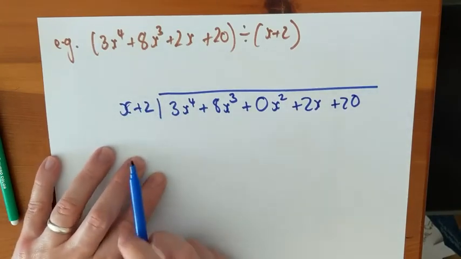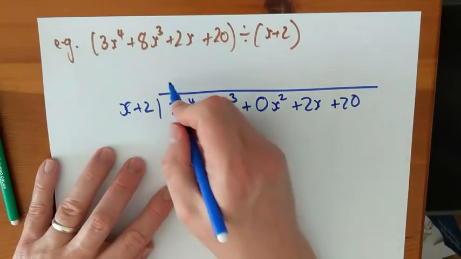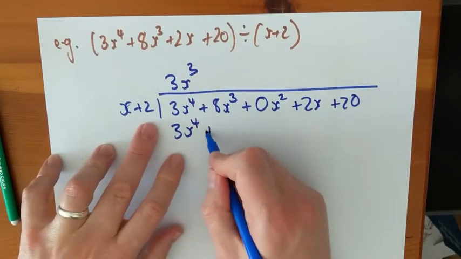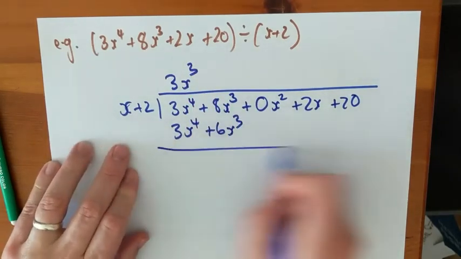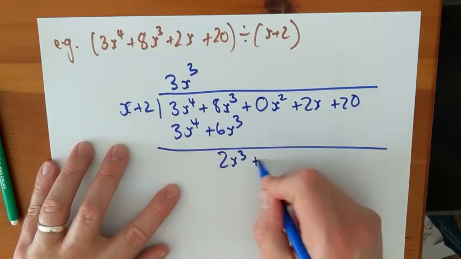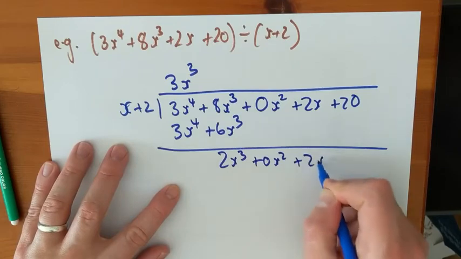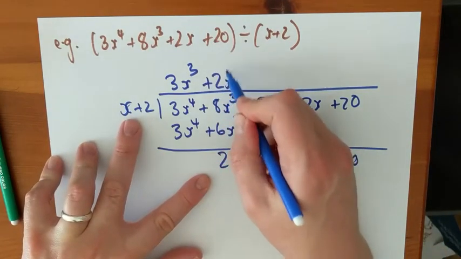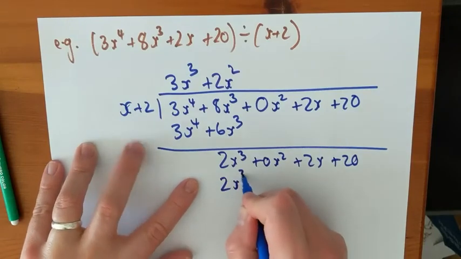Okay, so working from left to right, this goes into this 3x cubed times. Subtract, that disappears, that take away that is nice and easy. This goes into this 2x squared times.